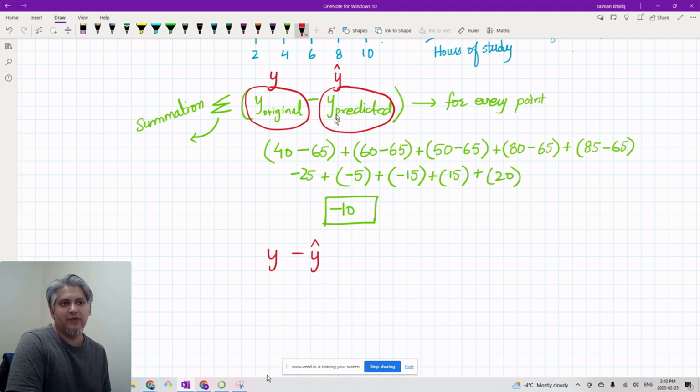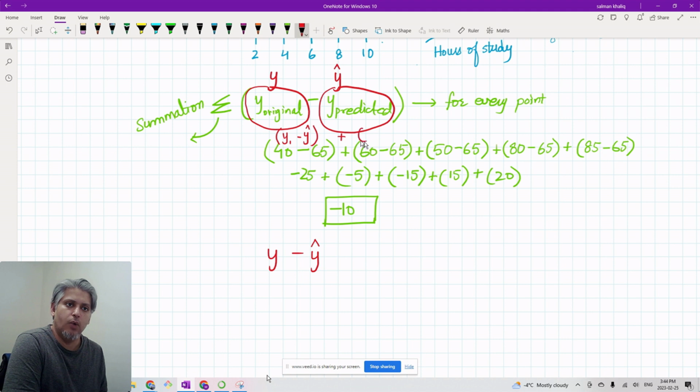If you want to keep on writing like this, you can, but you can see I have to write more. That is why these notations are really helpful in mathematics: you write less but explain more. Here I did something like this: y1 minus the predicted value, that was the first bracket.